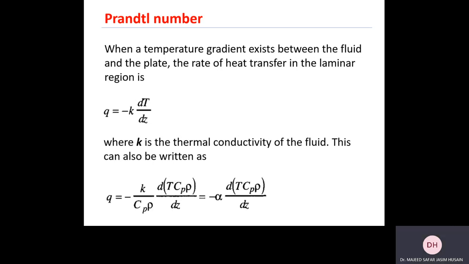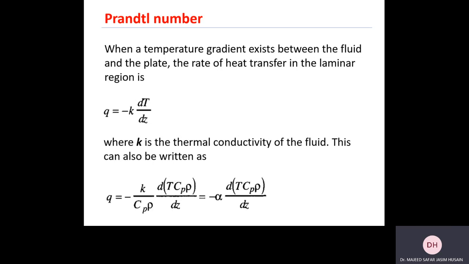If we remove the proportionality, it is equal to minus K, where K is the thermal conductivity of the fluid itself, multiplied by dT, the change in temperature, divided by dZ.